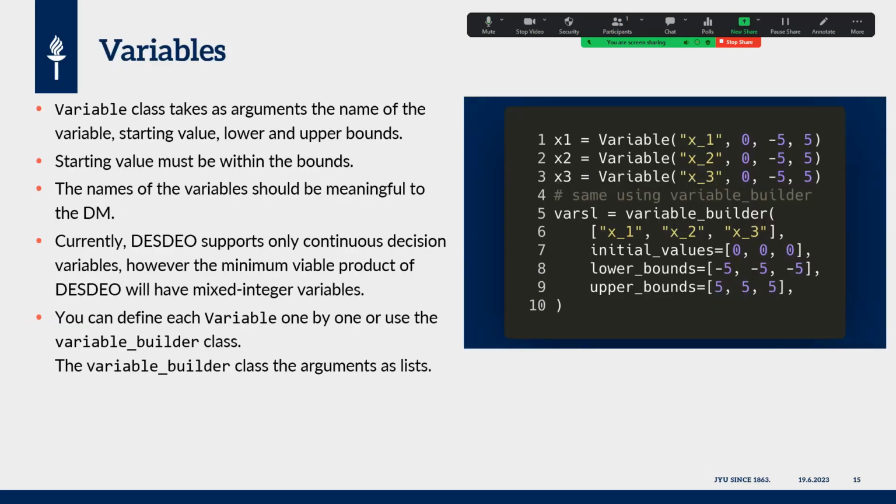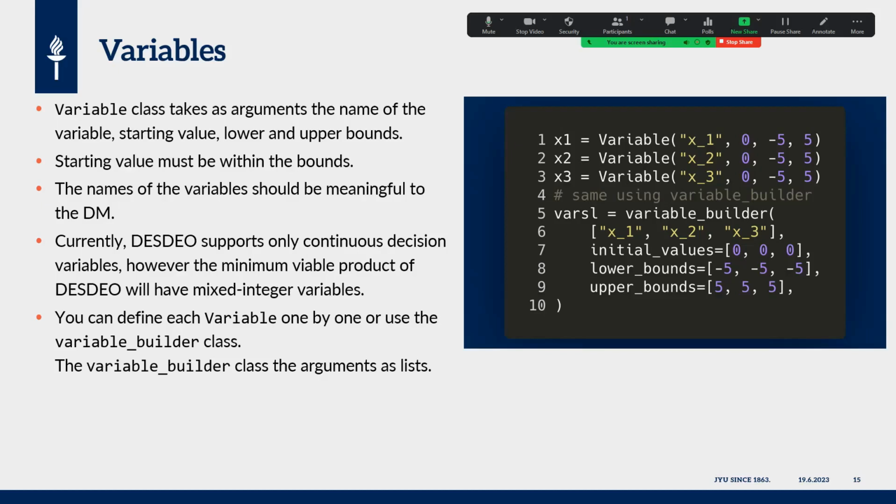Yes. So the variable class is to present the decision variables. It takes as arguments the name of the variable, a starting value, and then lower and upper bounds. And of course, you need to have the starting value within the bounds, and you should have meaningful decision variable names for the decision maker.